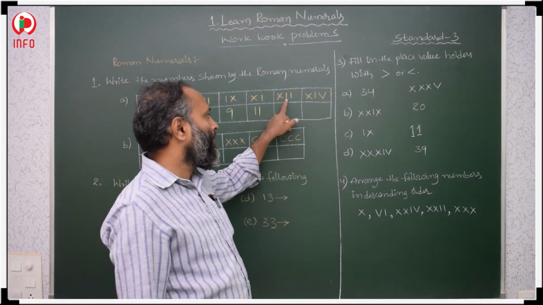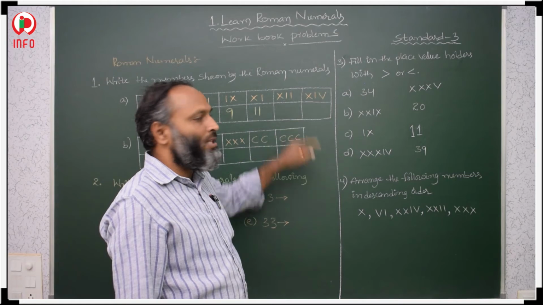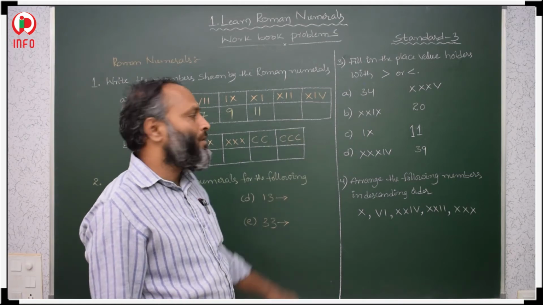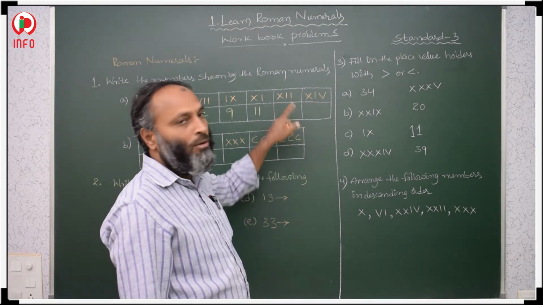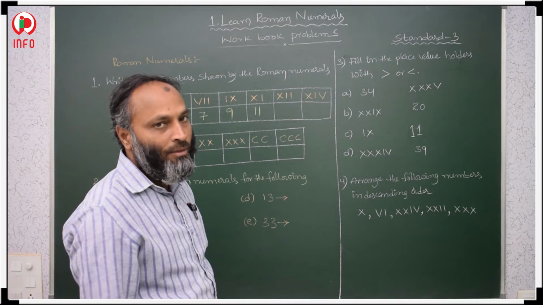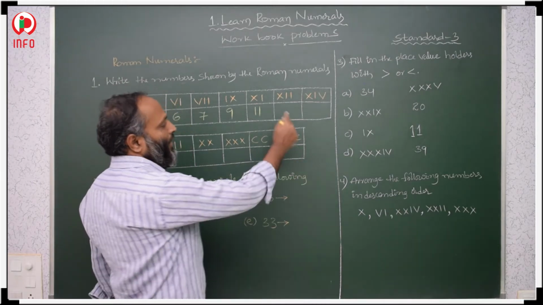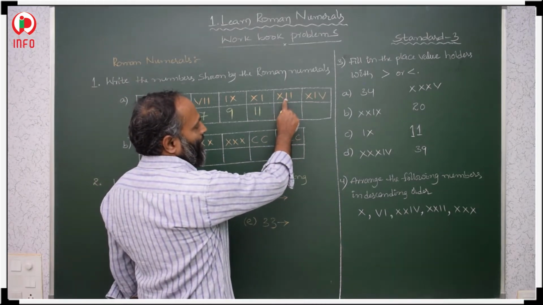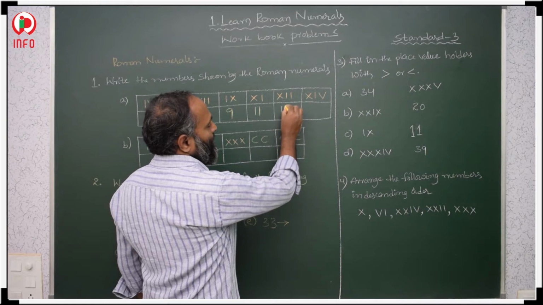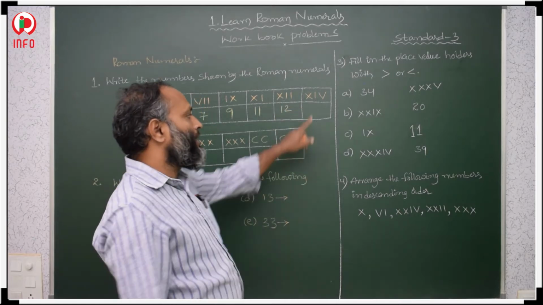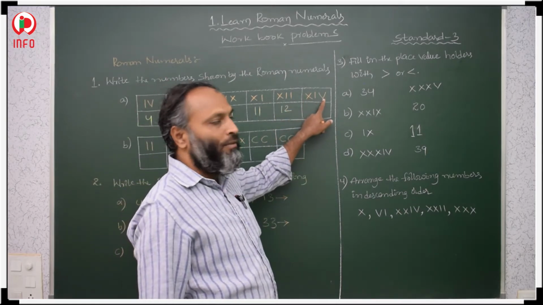Here 10, 1, 1. These two are smaller Roman numerals on the right side of a bigger Roman numeral, so we add 10 plus 1 is 11, 11 plus 1 is 12. Next, this is 10 and this is 5.